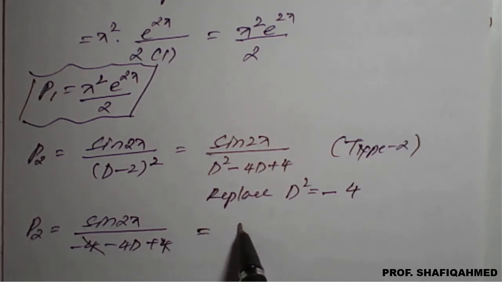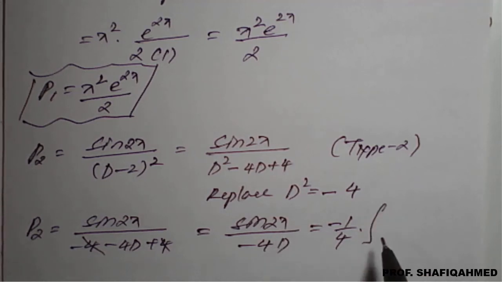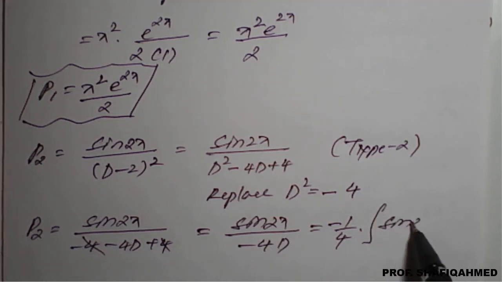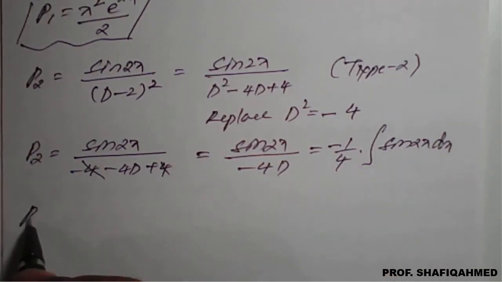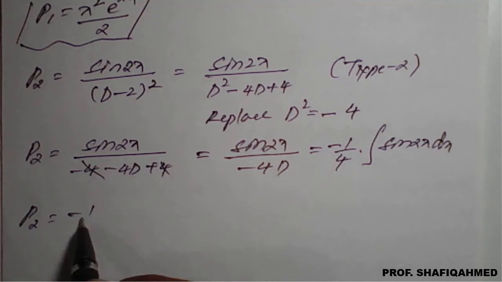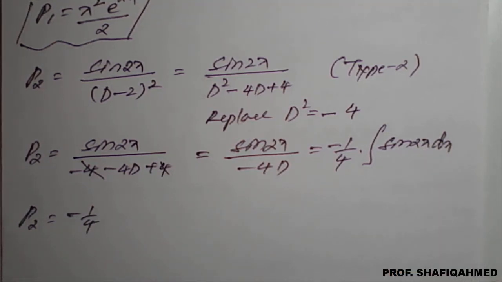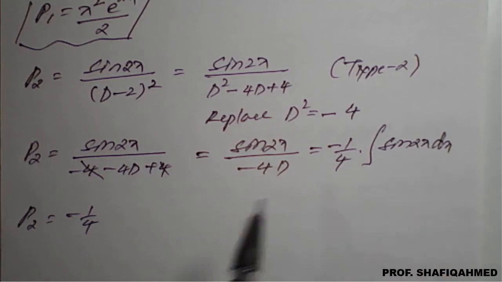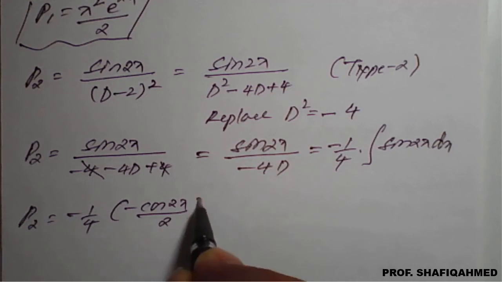We are left here with sin 2x divided by minus 4D, or this minus 1 upon 4 I will keep as it is. 1 upon D is nothing but integration of sin 2x dx. So on simplification P2 will be minus 1 by 4 as it is, integration of sin 2x, which will be minus cos 2x divided by 2.